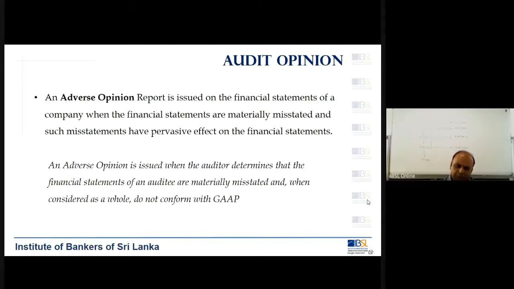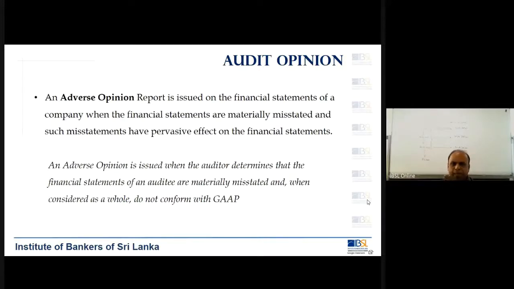Your asset position is overstated, liability positions are not settled in time. So many issues can be there. When there are those types of issues, the auditor may issue an adverse opinion. Adverse opinion means you can't do anything further.